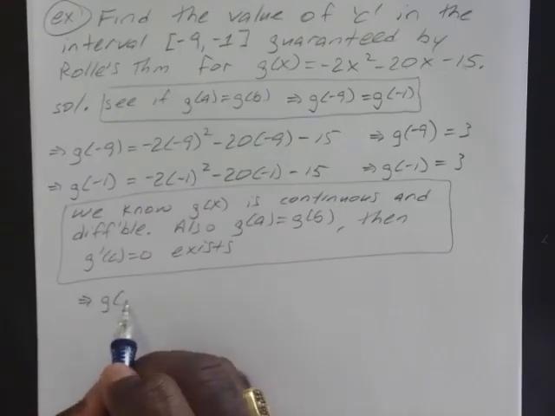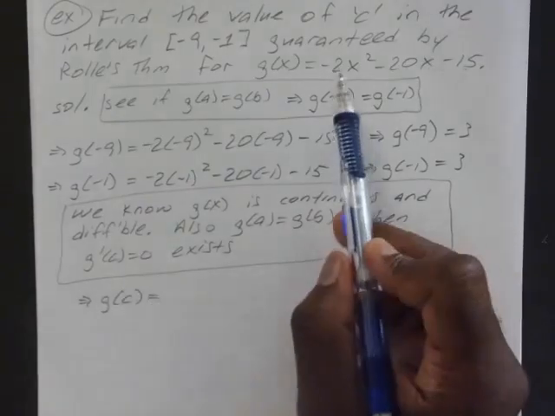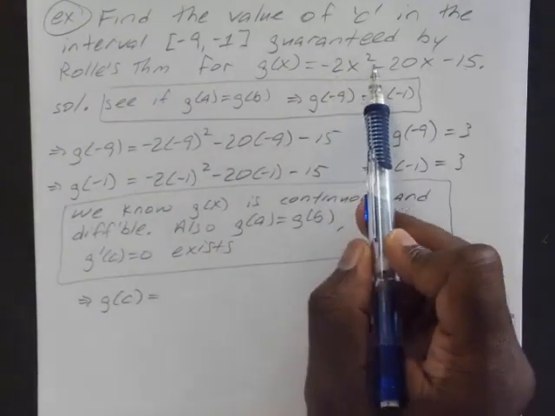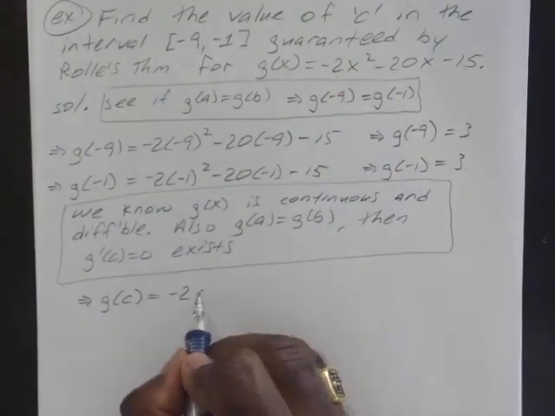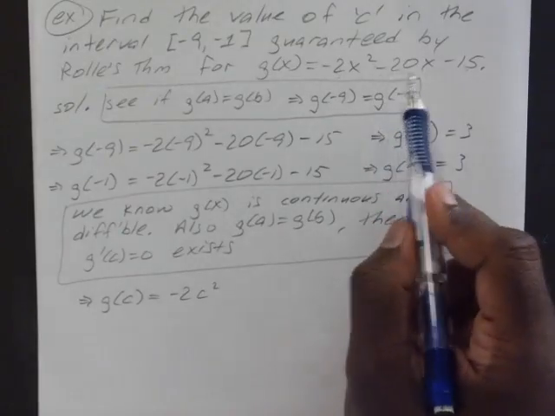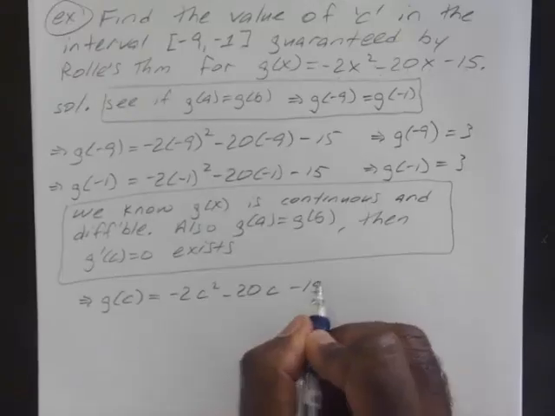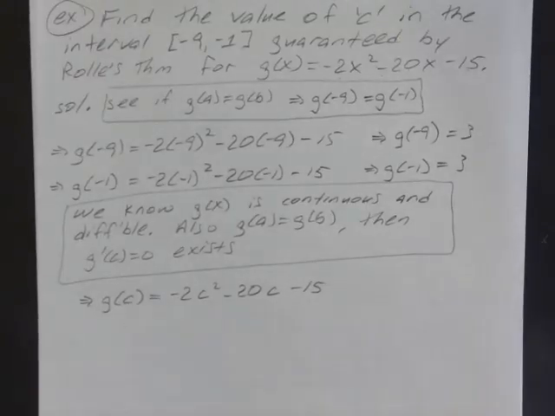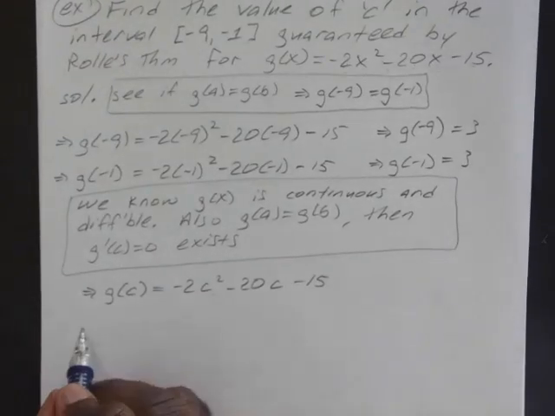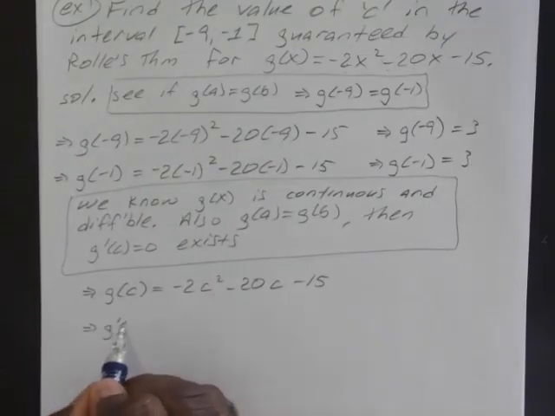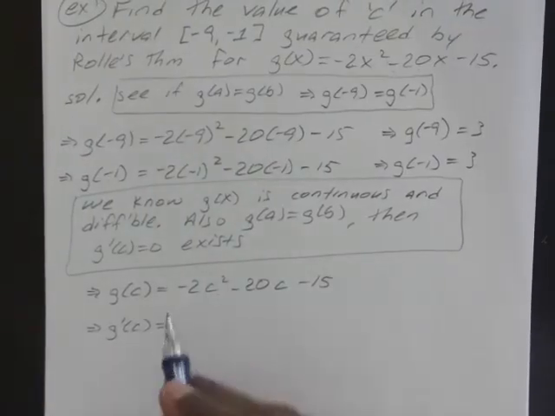Okay, so we know that g of c is equal to -2 times c squared minus 20 times c minus 15, just replacing the x with c. And g prime of c is just the derivative.